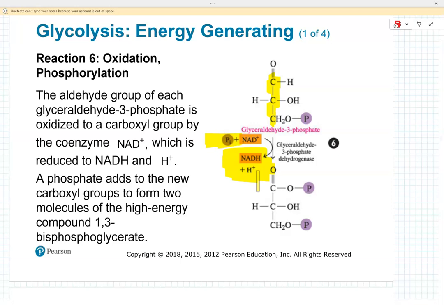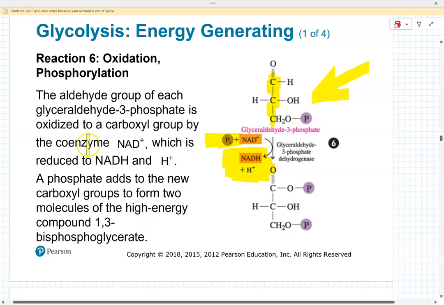How many, hear me out, how many NADH molecules are generated in the energy generating phase per 1 glyceraldehyde 3-phosphate? How many NADH molecules do you see on the screen? 1. 1 NADH per 1 glyceraldehyde 3-phosphate.